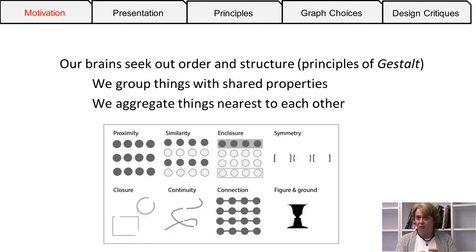Our brains are pretty much hardwired to group and aggregate things. So part of what you're doing with a visualization is presenting information that the brain is automatically going to group. That's the Gestalt thing that you can use at your next cocktail party.